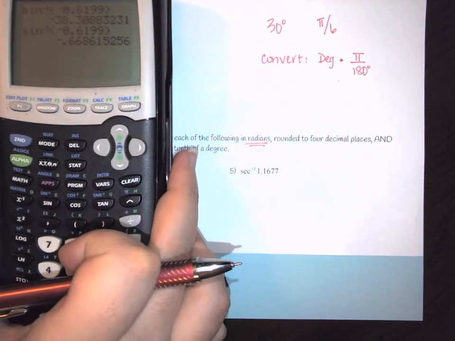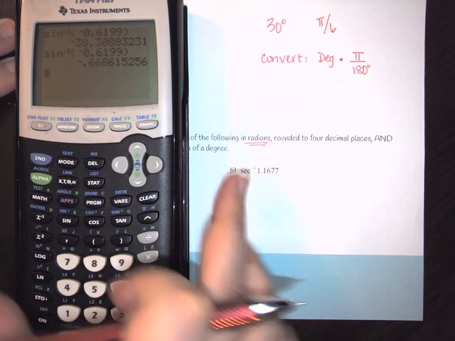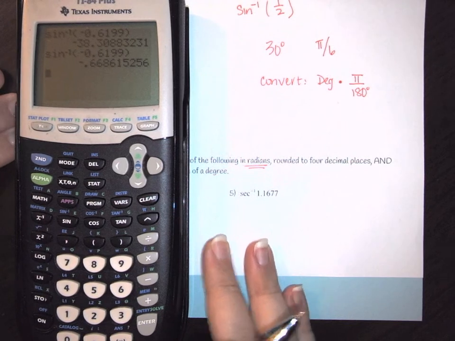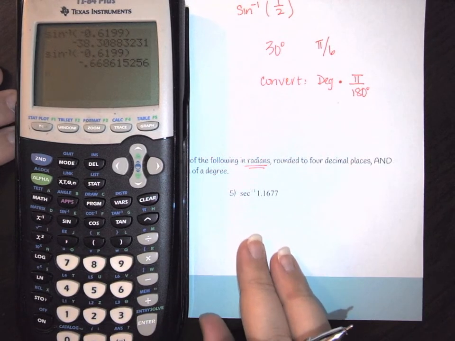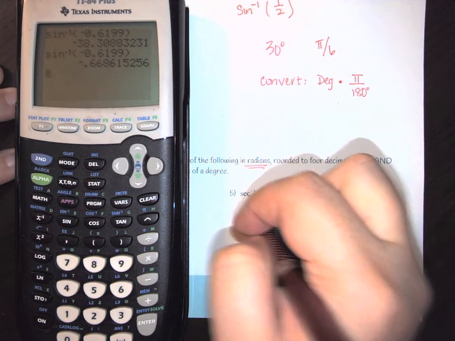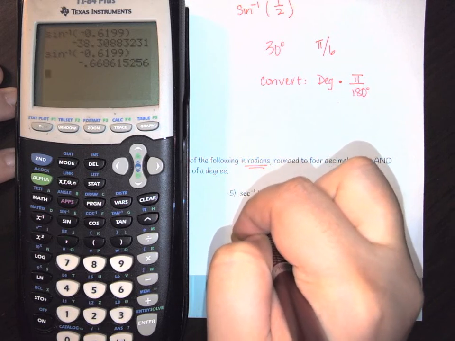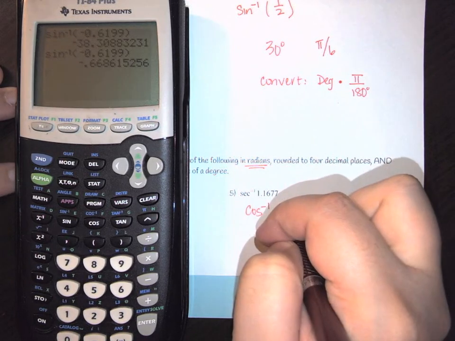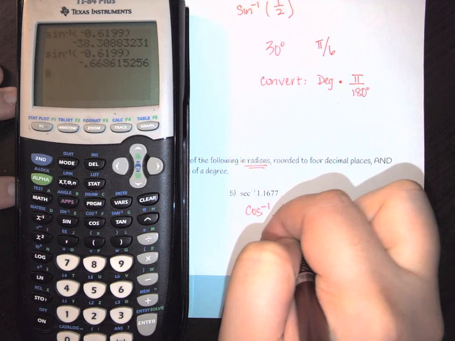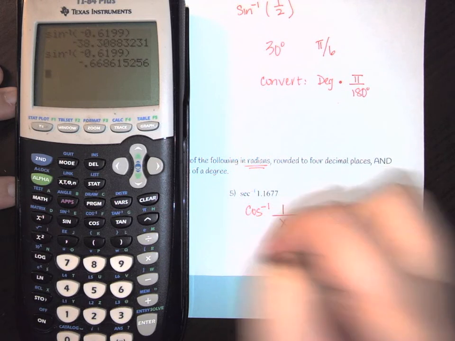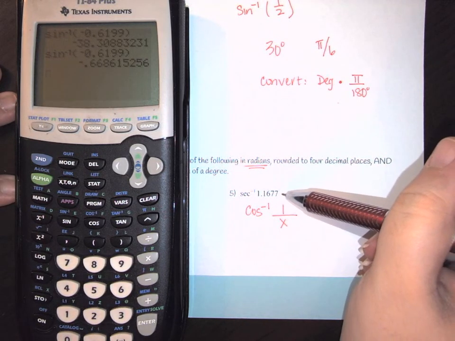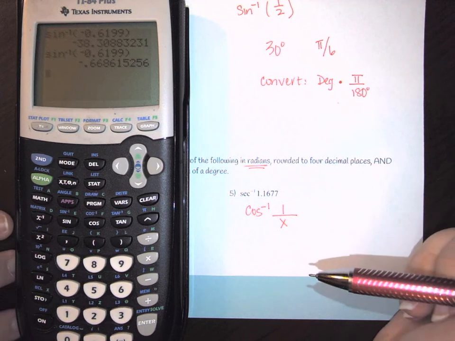Let's look at another example here. We have the inverse secant. And so remember, this is going to be the same as looking at the cosine inverse of 1 over whatever your x value is, and my x value here is going to be 1.1677.